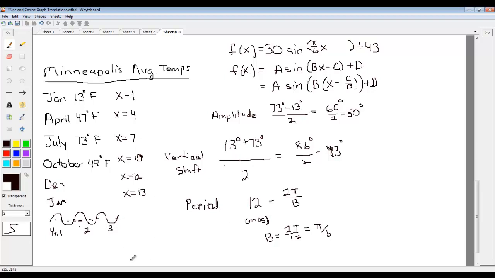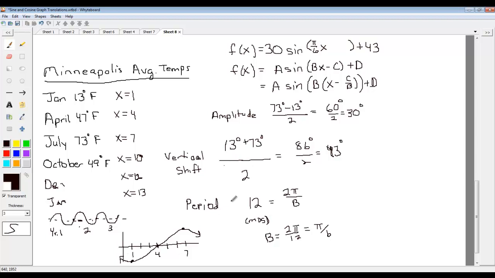Let's sketch this real quickly here. Let's say we have 1, 2, 3, 4, 5, 6, 7. You get 1 here, 4 here, 7 here. January, it's a very low temp. April, you're here. July, you're up here. And then it starts to go back down again, like that, right?